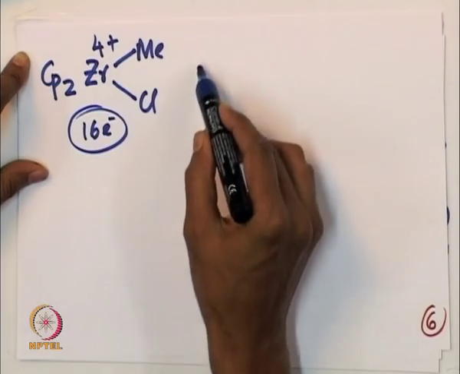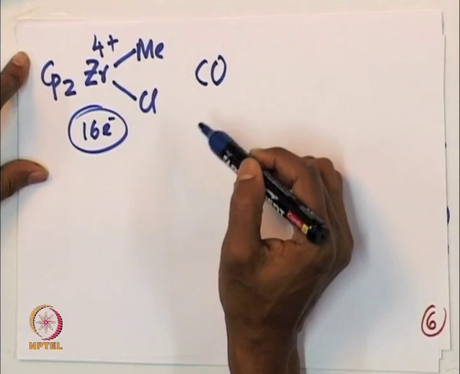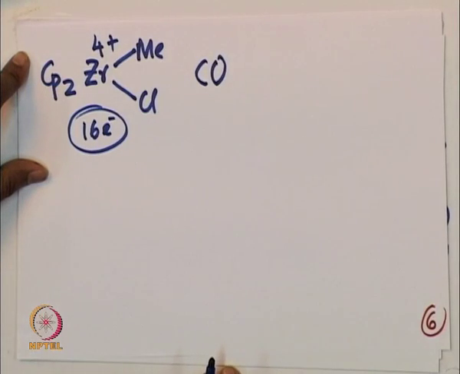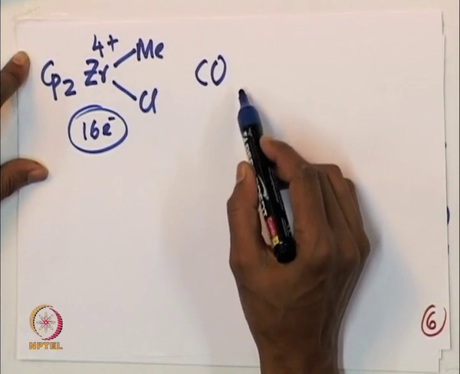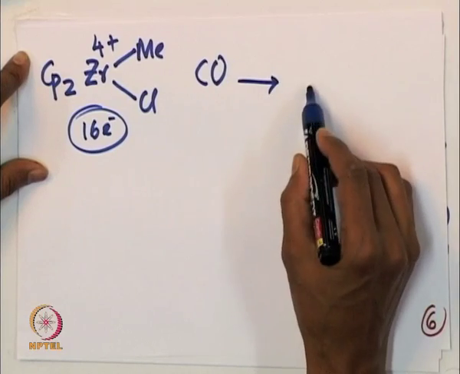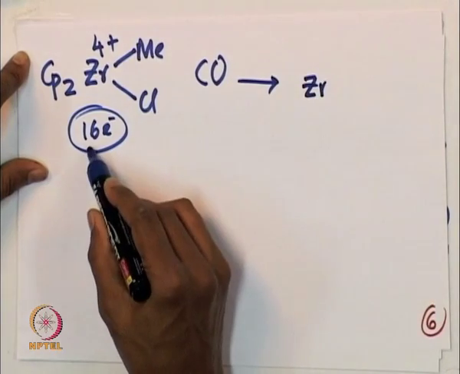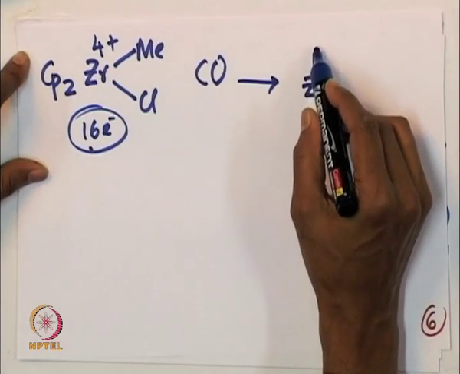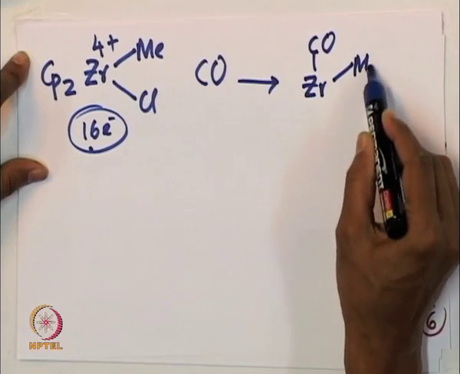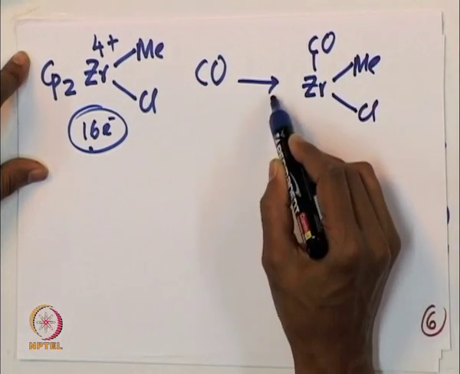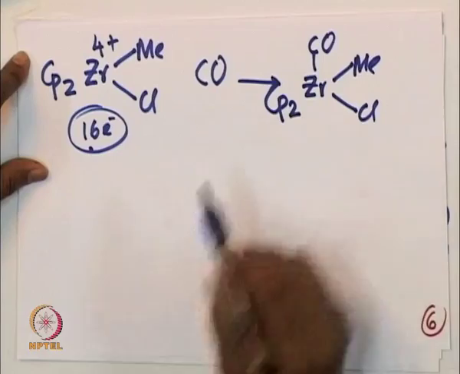Once again, what you want to do? You want to deal with your favorite ligand CO for this alpha migratory insertion. What will happen? Simply, this is a 16 electron species, and you will get an 18 electron species where carbon monoxide is getting attached to the zirconium, right.